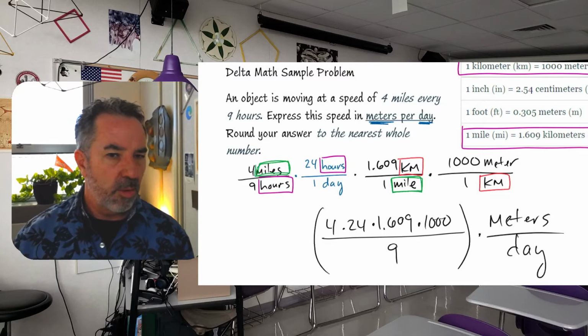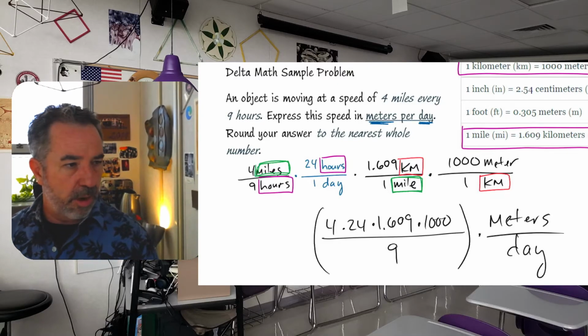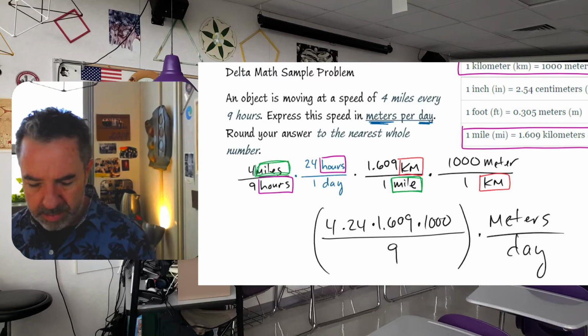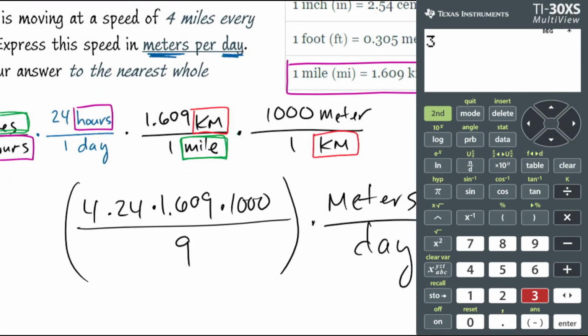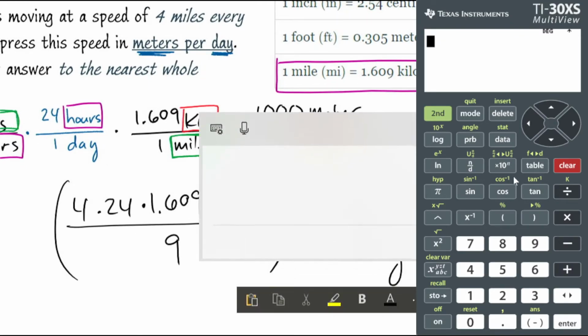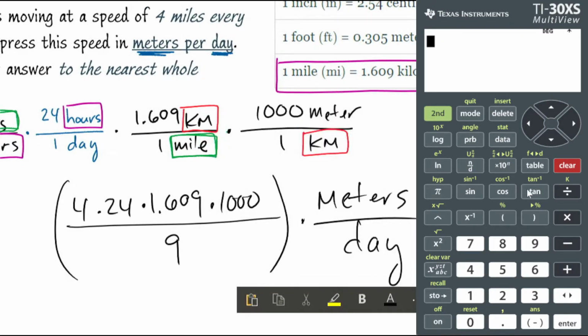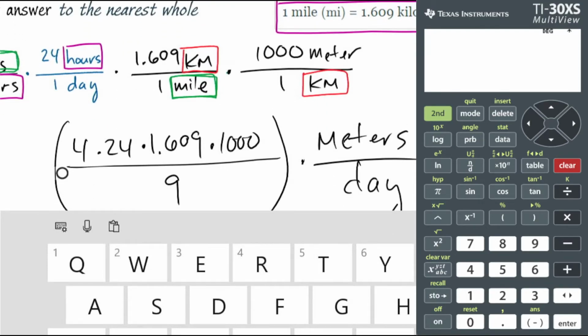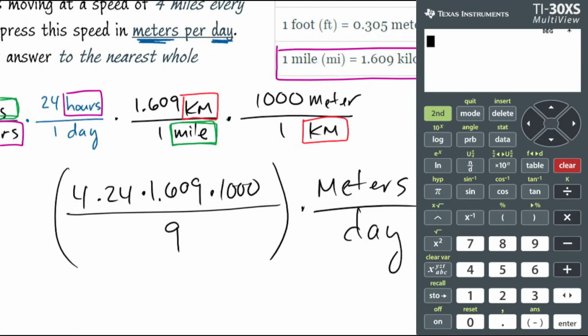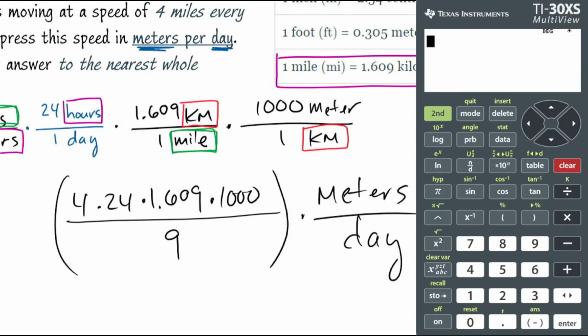Now it's time to do some arithmetic. Let me just bring up the calculator here. Where's the calculator? There it is. Let me clear it. In my numerator, I'm just going to use the fraction key and use parentheses.